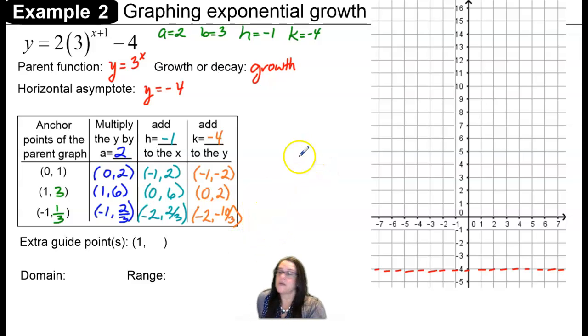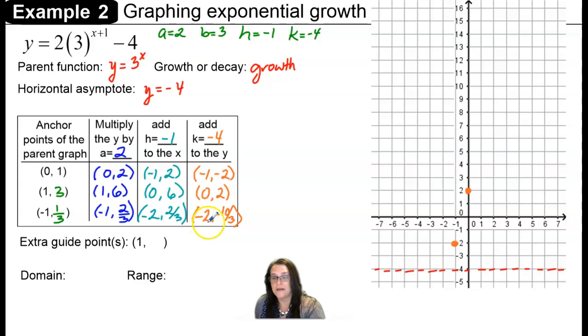Okay, so we're going to go ahead and plot those transformed coordinates on our graph. So we'll come over here to negative 1 and then down to negative 2, okay, the point (0, 2) is our y-intercept.